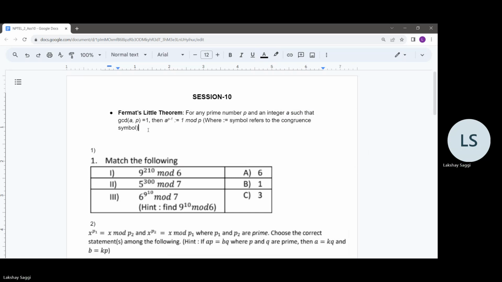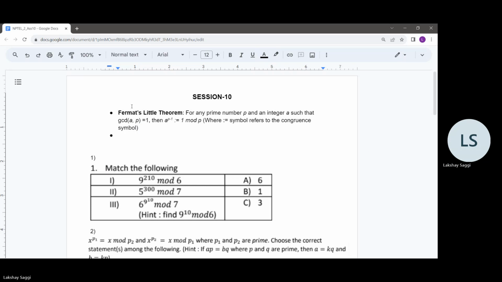It's not too difficult to understand what the theorem states. For any prime number p and number a which is co-prime to p, a raised to power p minus 1 will be congruent to 1 mod p. Basically, when a raised to power p minus 1 is divided by p, it will leave a remainder of 1.